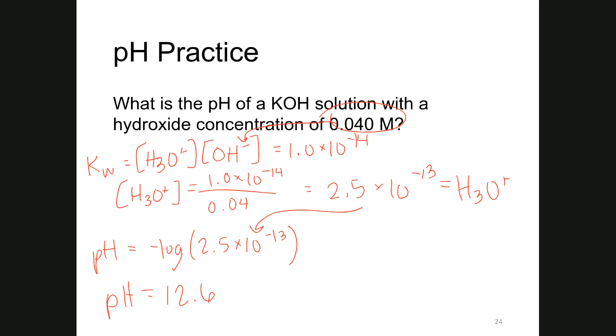And again, we can double check it because we have negative 13 as our exponent and we have 12 as our number before the decimal. So that's a good sign that we're doing things correctly.